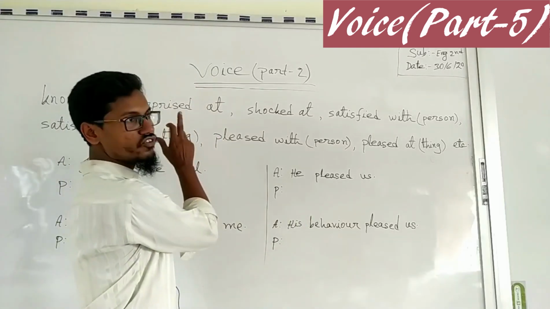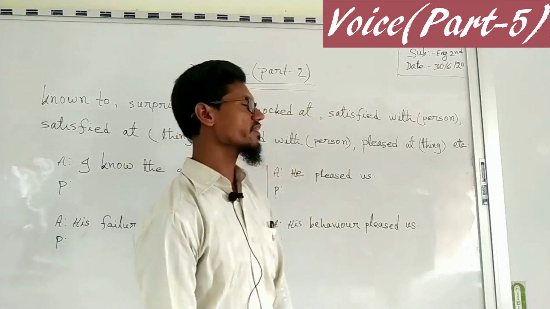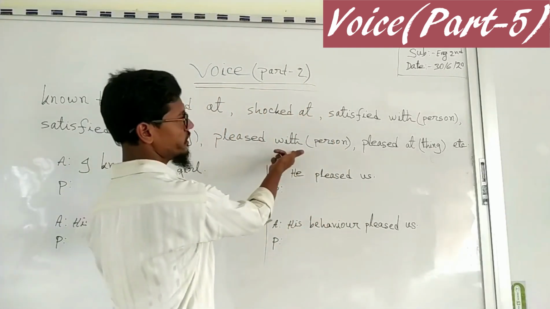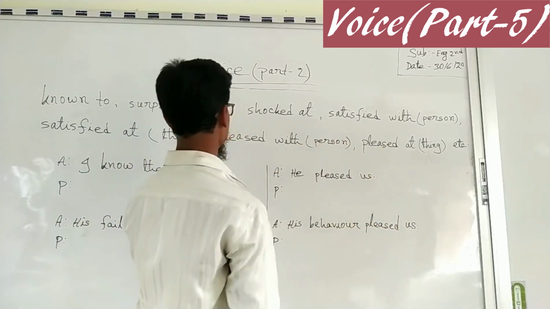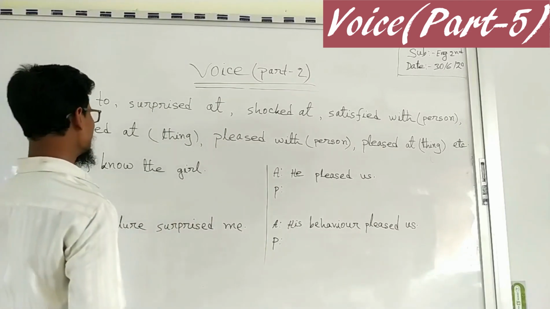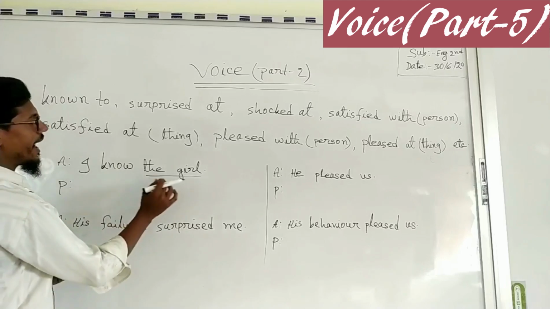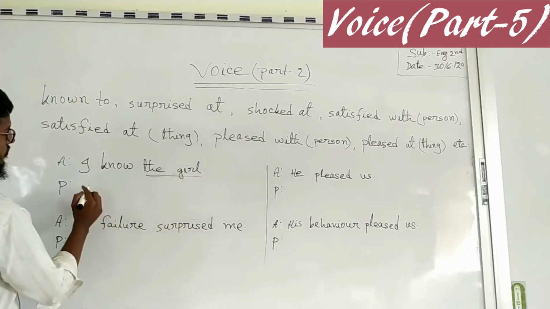At will be used for thing, with will be used for person. Now look at the examples. I know the girl. In this sentence, the girl is the object. So I have to make it the subject, the girl.